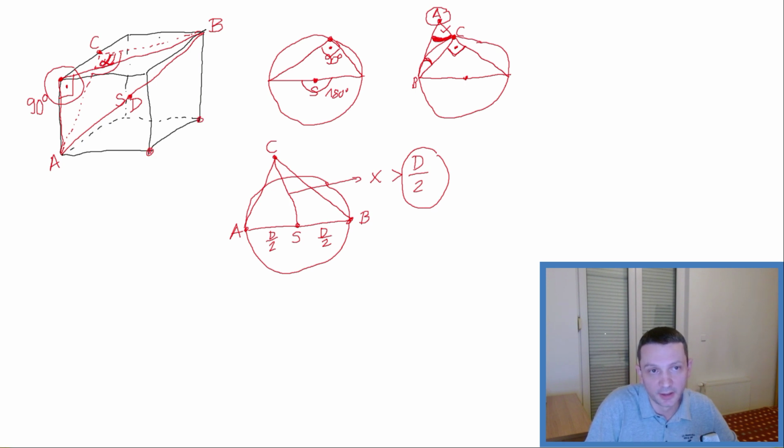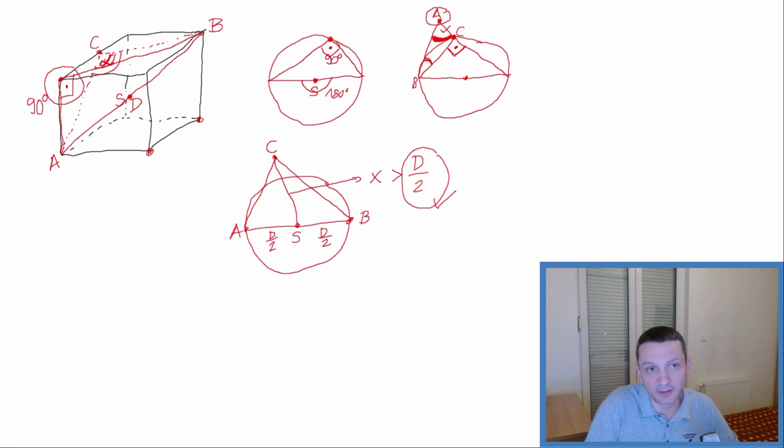Actually, we can take the sphere with the center in S, which is passing through all vertices of the cube, and the radius is actually d over 2, and the whole cube is inside that sphere, that ball.